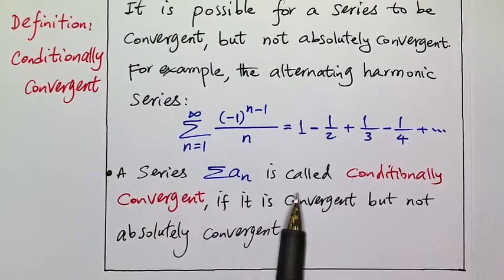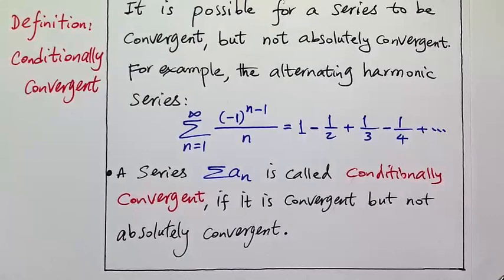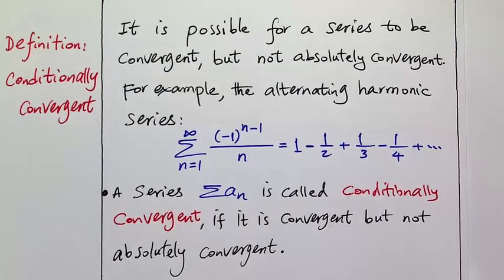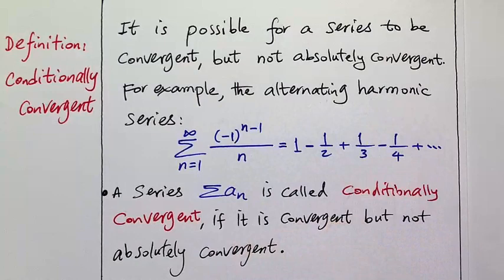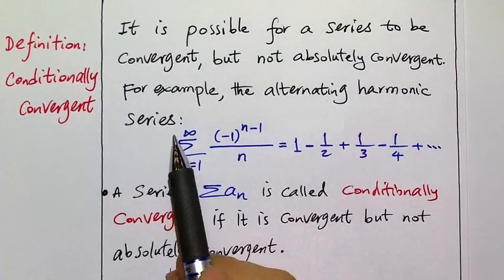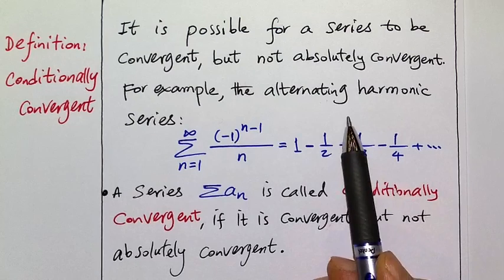So simply put, conditionally convergent series are series that converge, but not absolutely. Here, as you can see, is one example. We know that the harmonic series diverges. Not the alternating harmonic series, but the harmonic series, which has all the terms positive, right?